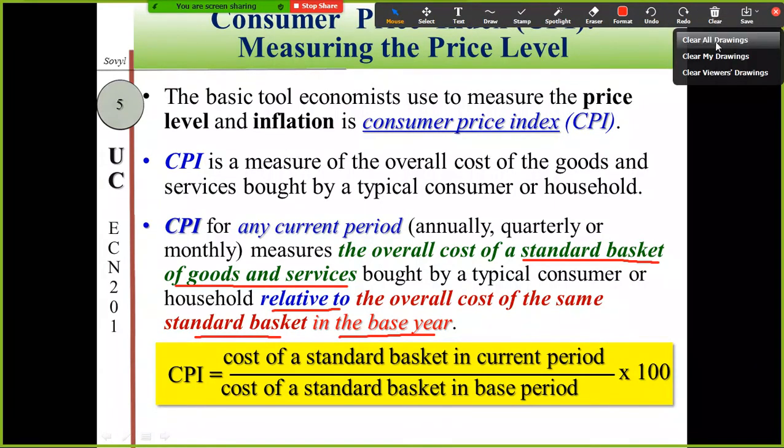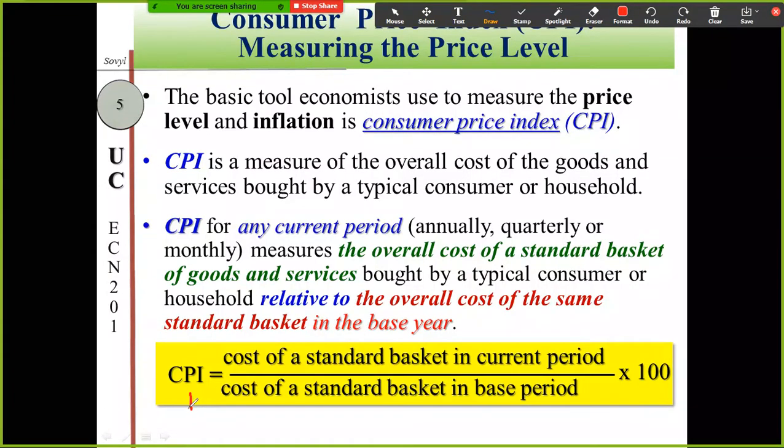So in order to find CPI in the current period, which can be any period depending on whether you want to study 1 month, 3 months (a quarter), or 1 year: CPI in the current period equals the cost of a standard basket in the current period divided by the cost of the same standard basket in the base year, and multiplied by 100, not 100%, only 100.